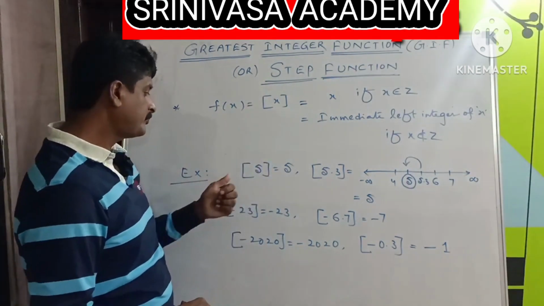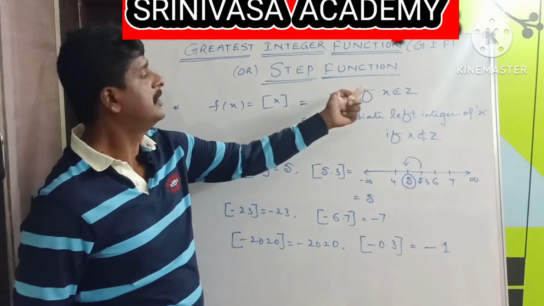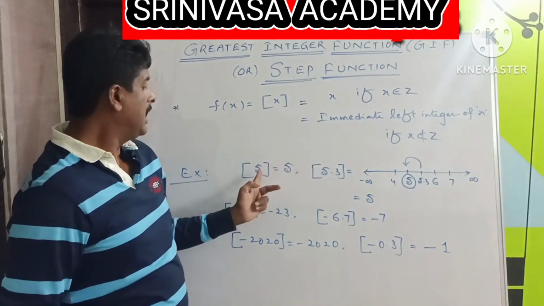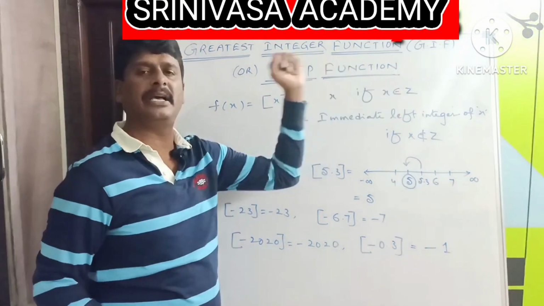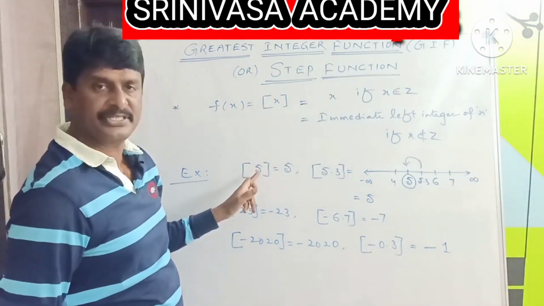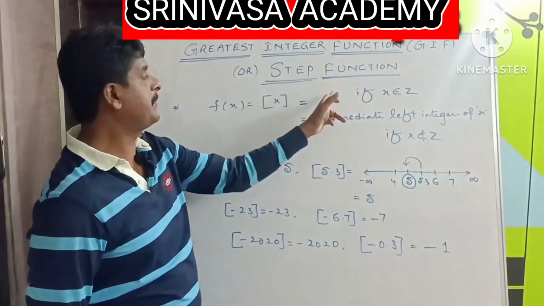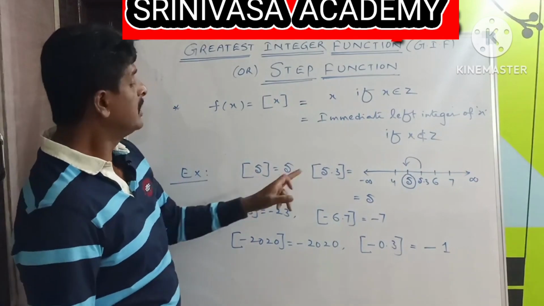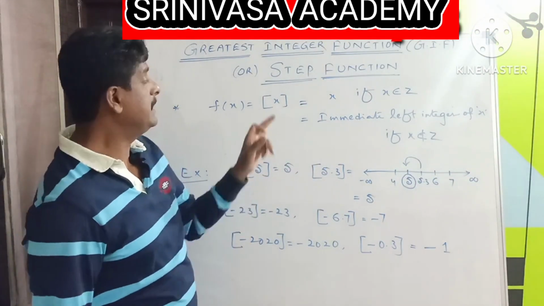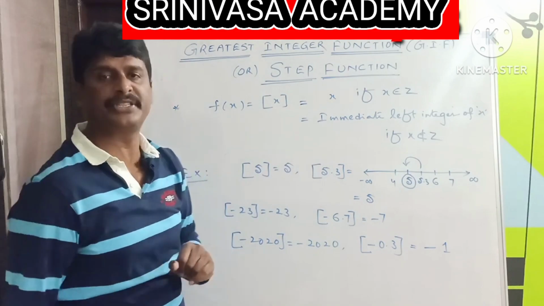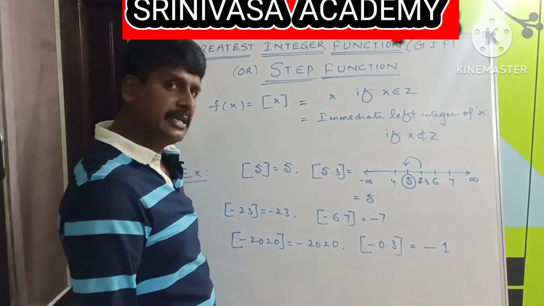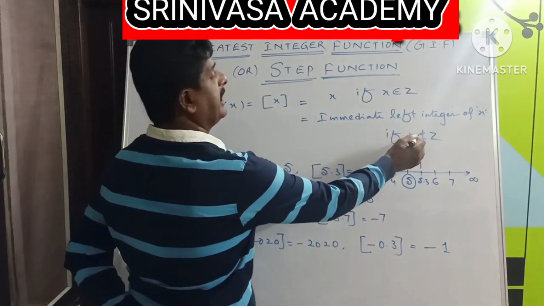For example, step of 5, does it go to first case or second case? 5 is an integer, that's why it goes to first case. So in first case, step x is equal to x as it is, step 5 is equal to 5. Step of 5.3, instead of x we have 5.3. 5.3 is not an integer, that's why it goes to second case.